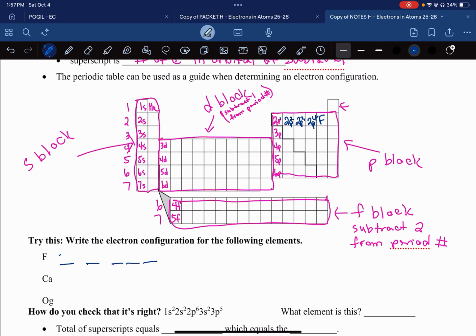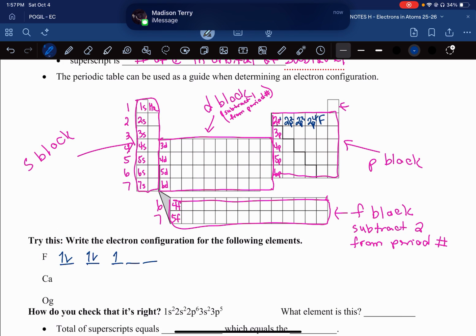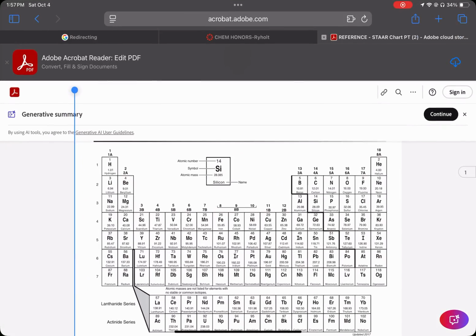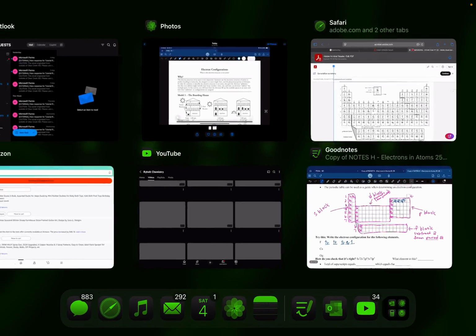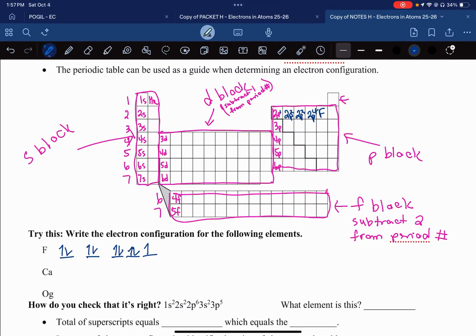Let's count up: 1, 2, 3, 4, 5, 6, 7, 8, 9. Fluorine should be atomic number 9, and it is. This is me demonstrating how we would do it in orbital diagram, and now we're going to do it like this: 1s2, 2s2, 2p5. That's how that would be.